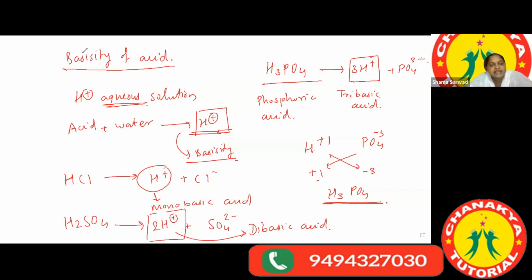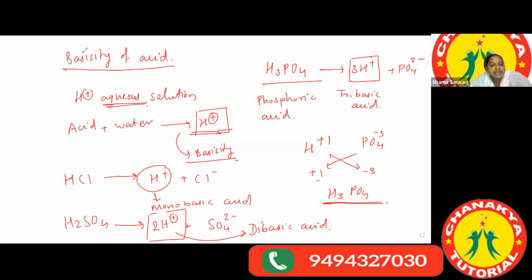Second, acids are corrosive in nature. Corrosive means it causes irritation to skin if it falls on skin, right? Third thing is what? It gets dissociated in the water and can conduct electricity.